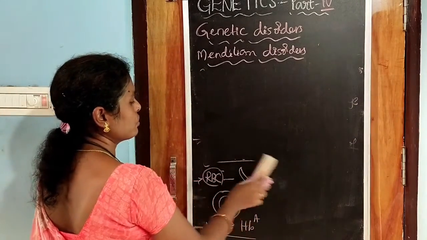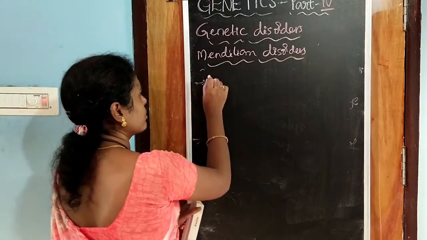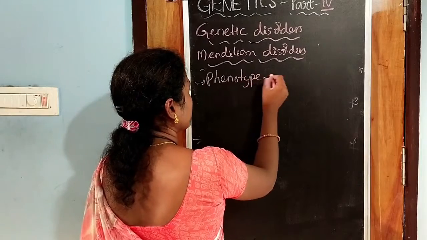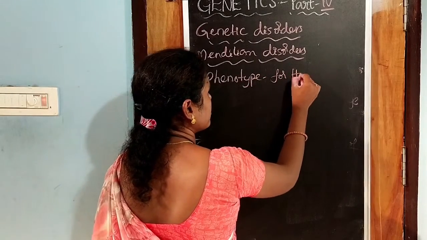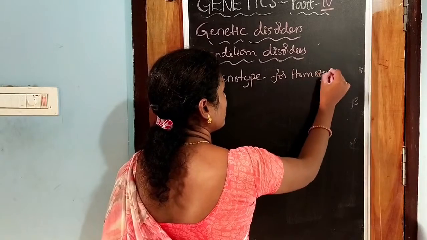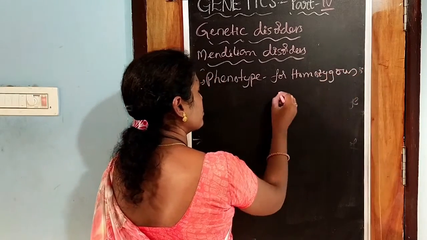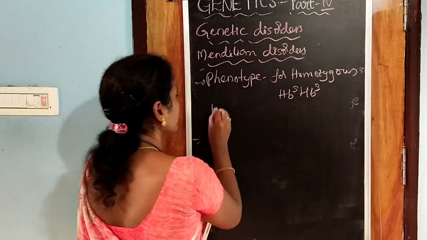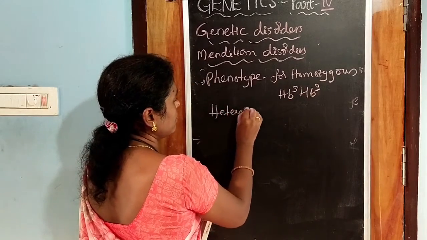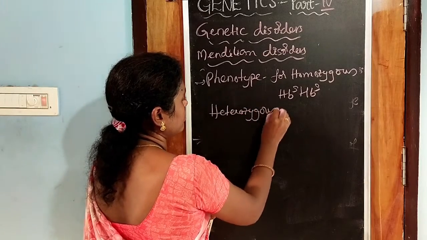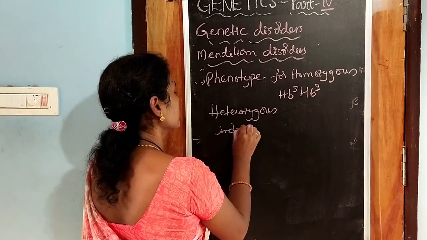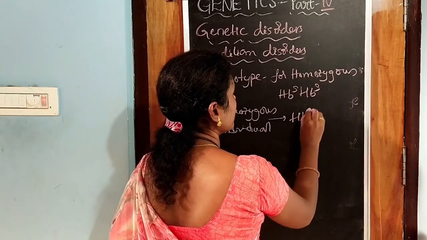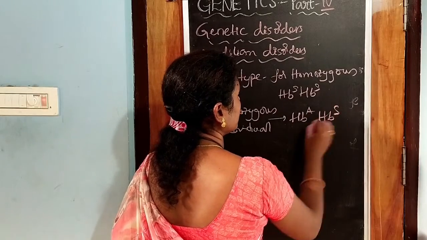For homozygous individuals, the genotype is HBS and HBS. And for heterozygous individuals, it is HBA and HBS.